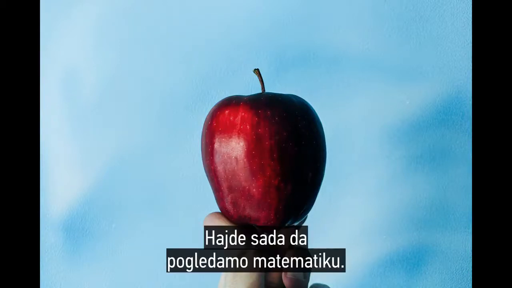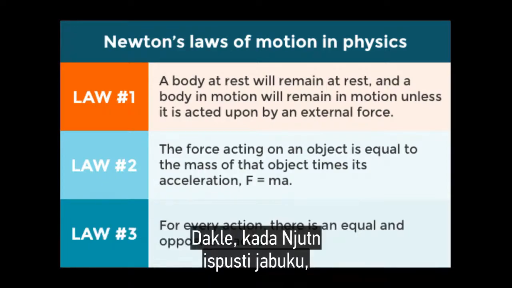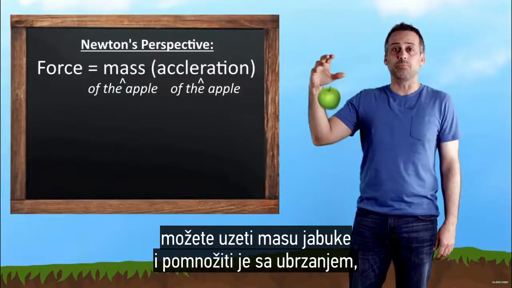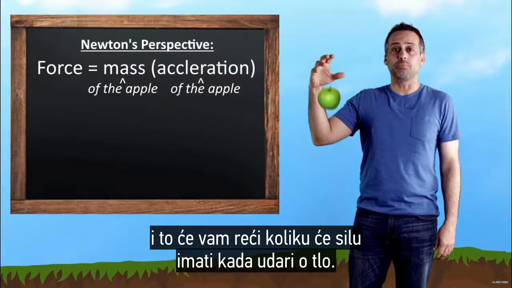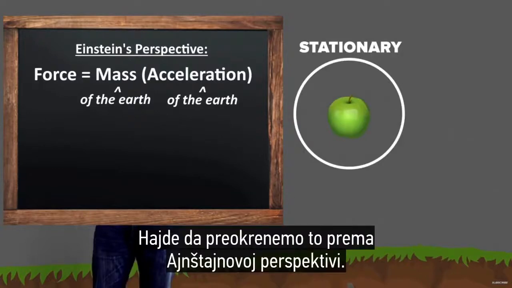Now let's take a look at the math. As we know, Newton's second law of motion is force equals mass times acceleration. So when Newton drops an apple, you can take the mass of the apple and times it by its acceleration, and that will tell you how much force it will have when it hits the ground. Now let's flip that around in Einstein's perspective.